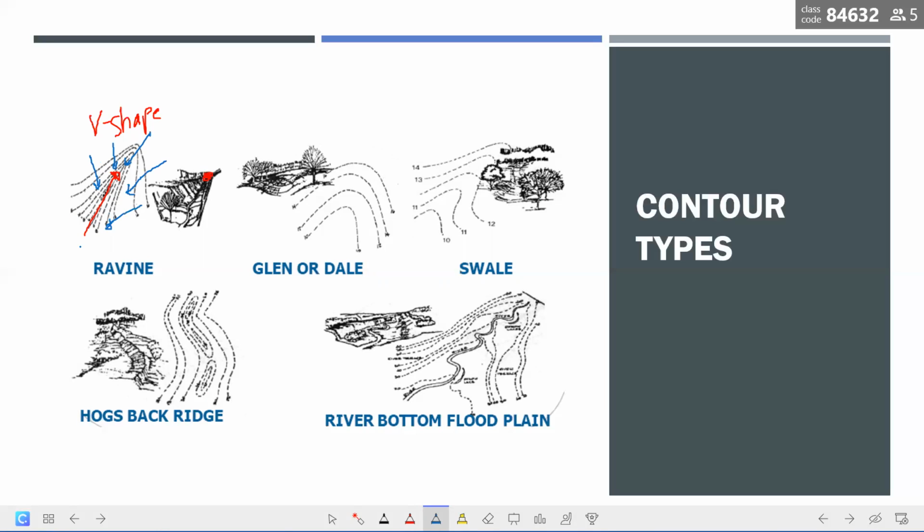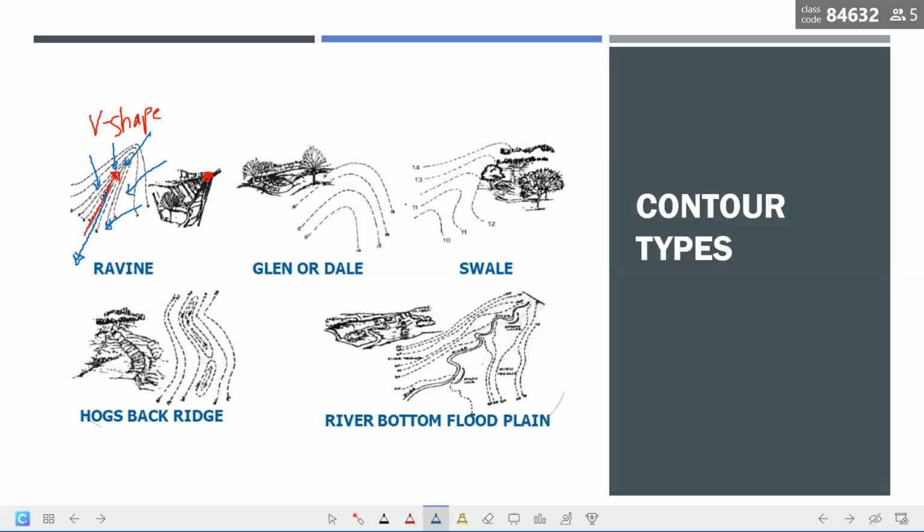And if my guess is correct, then perhaps ultimately the water collected runs off in a certain direction, thus forming a river or a creek. Here is a glen or dale. This is a swale, an illustration of a swale.